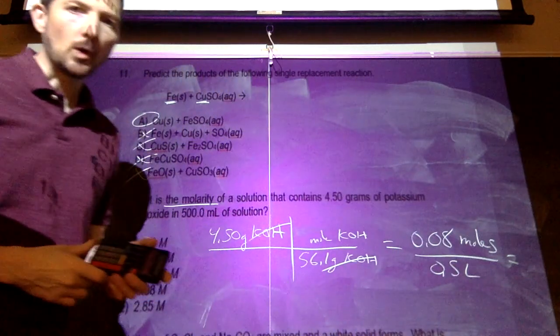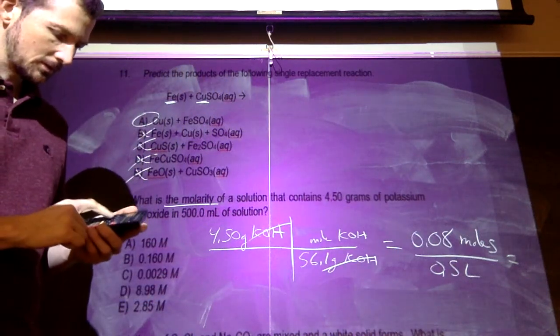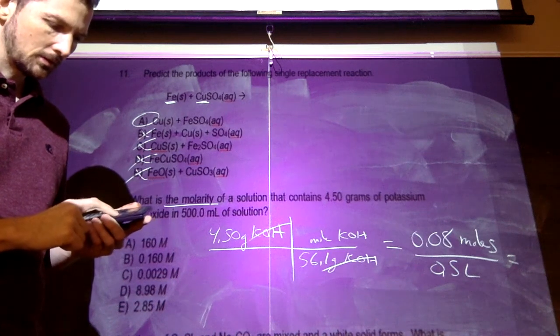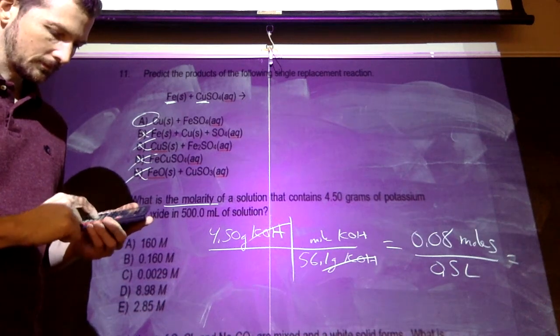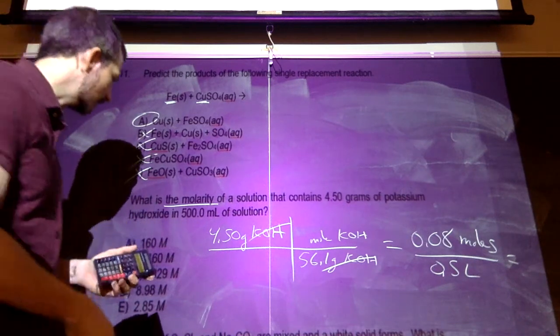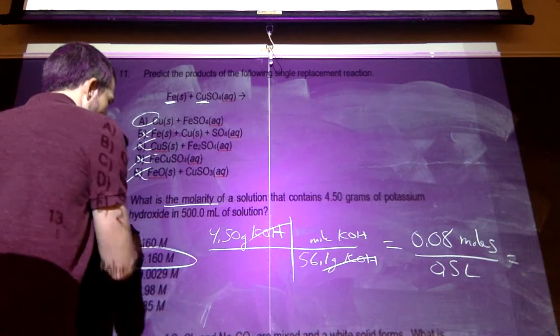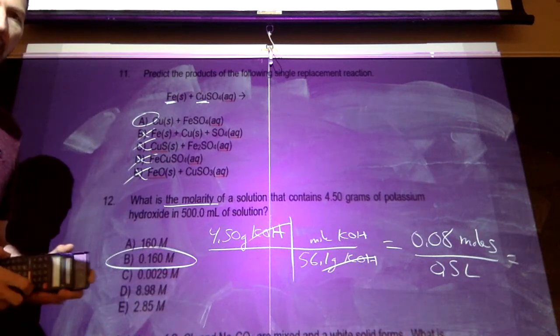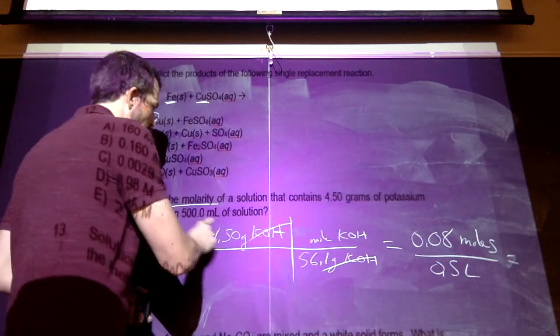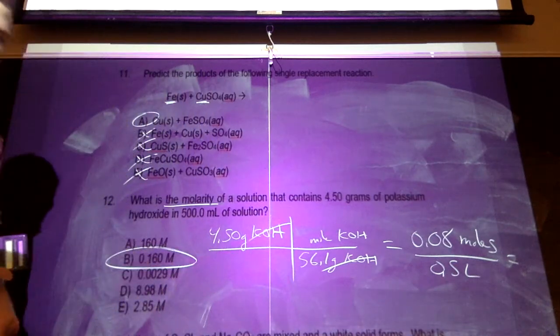Remember, molarity is moles per liter. So 0.16 molar. So B, correct answer. And this has 3 significant figures, so 3 significant figures in my answer.